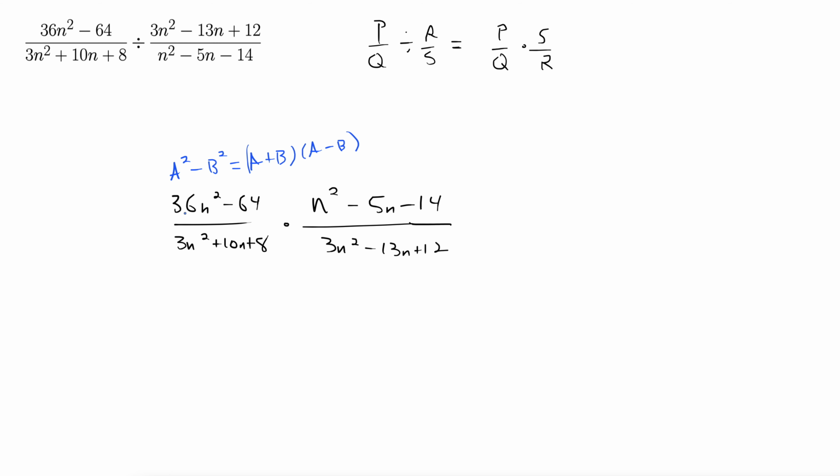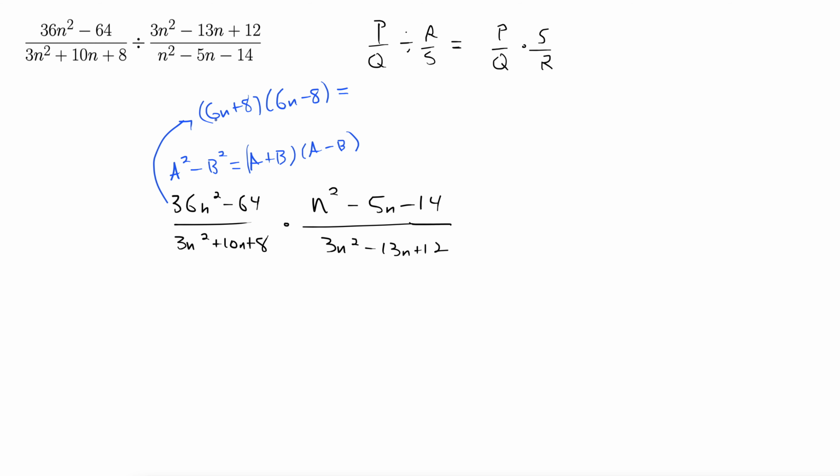This is a perfect square, so we can factor 36n squared minus 64 as 6n plus 8, 6n minus 8. It's tempting to put those in as our factored form, but here's the cautionary note: those are not factored completely.